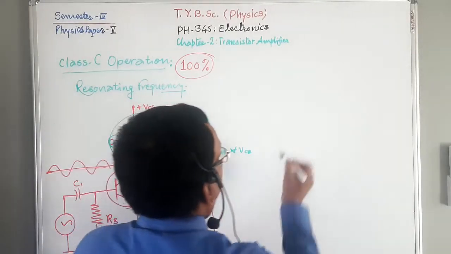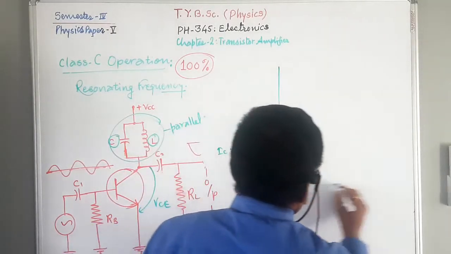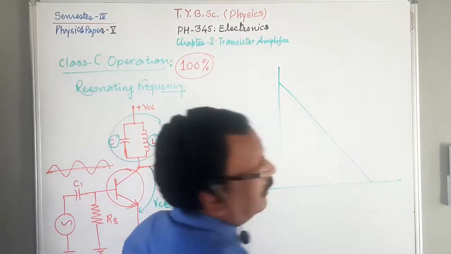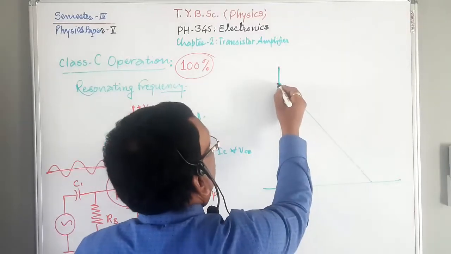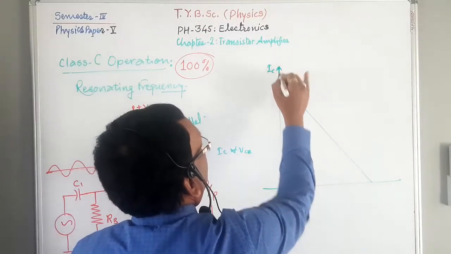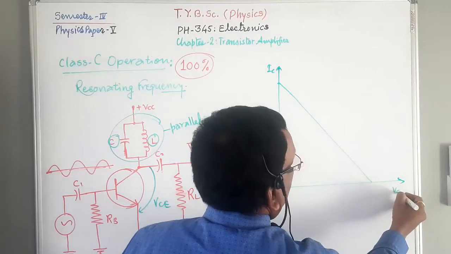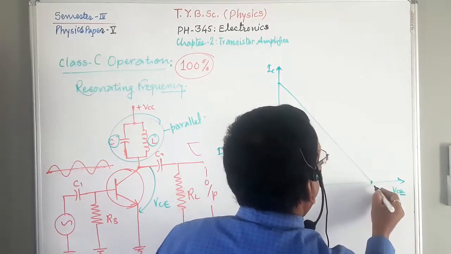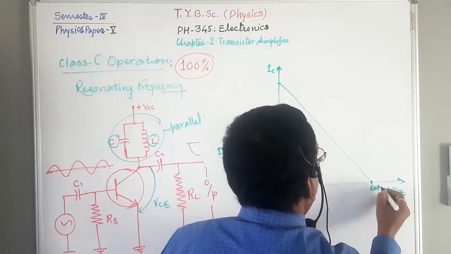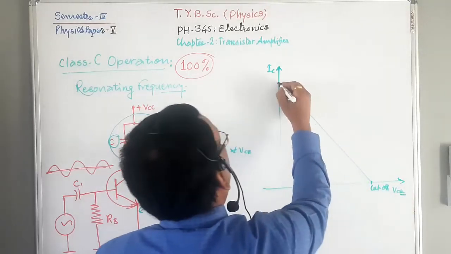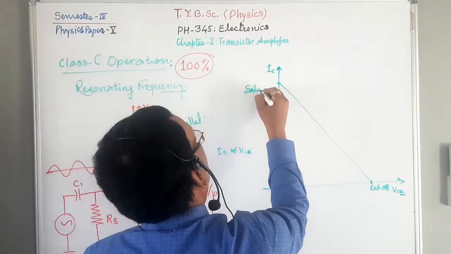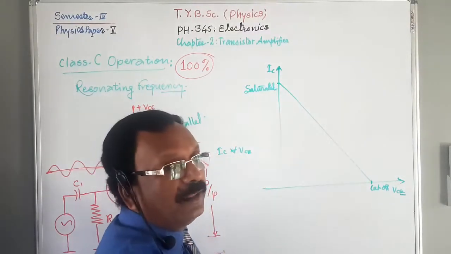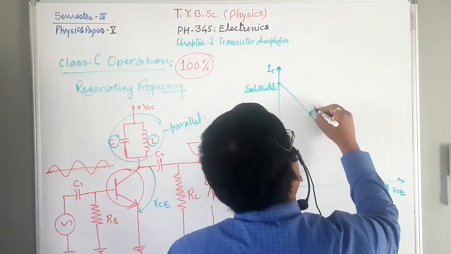So, see here, this figure represents the IC axis and this is the VC axis. This is the cutoff region and this is the saturated region. This is the load line. This is the AC load line.